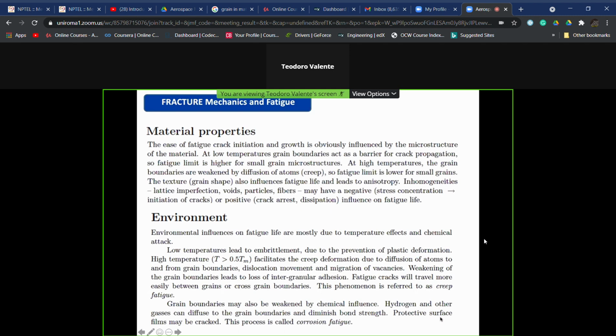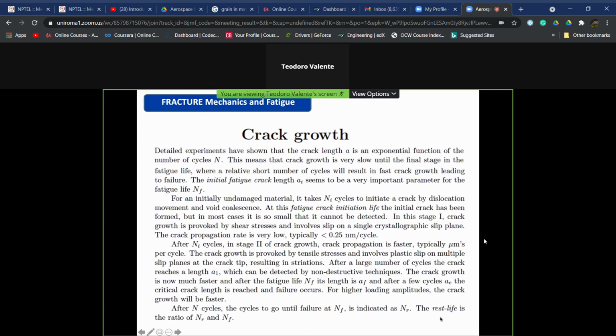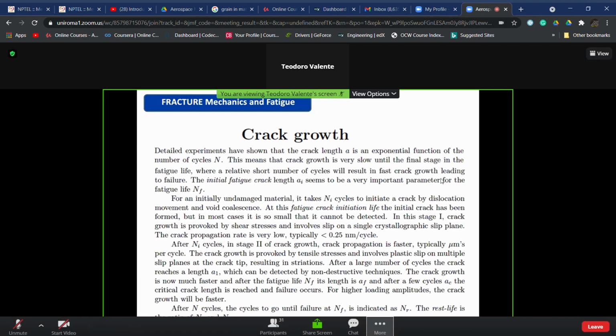If we move to crack growth modeling, we can say that all the experiments that have been done up to now have shown that if we pay attention to the crack length, this crack length is a sort of exponential function of the number of cycles, the fatigue cycles.